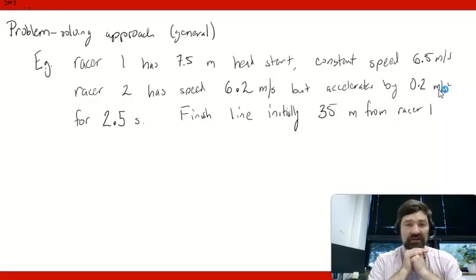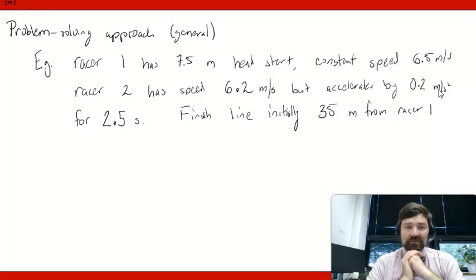Alright, suppose that you have a race. Suppose that you're told that there's two racers at the front of the race, and one of them has a head start of 7.5 meters and holds a constant speed of 6.5 meters per second.